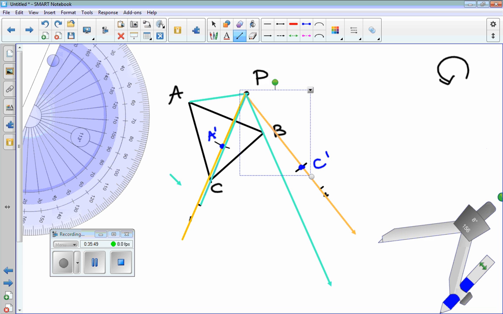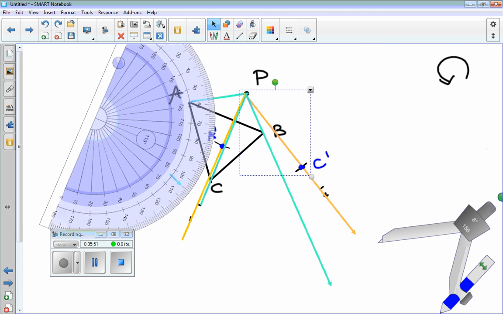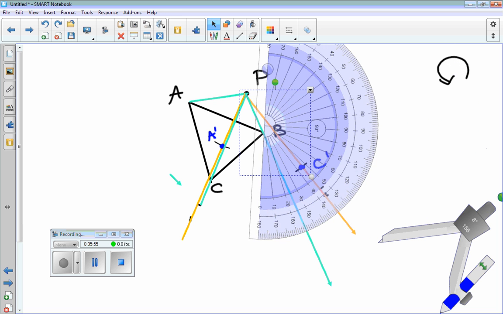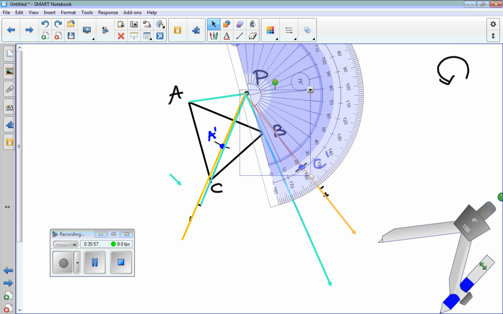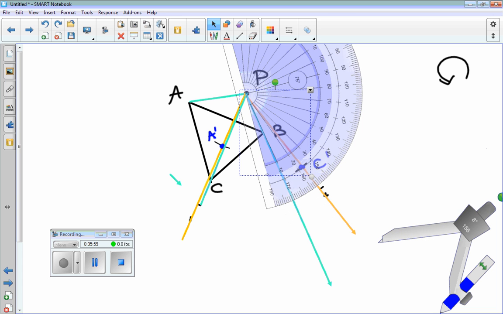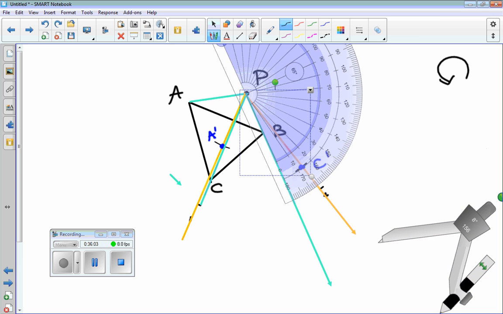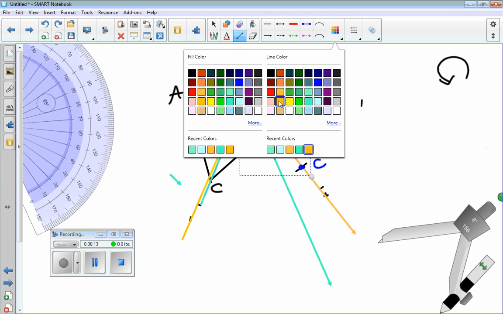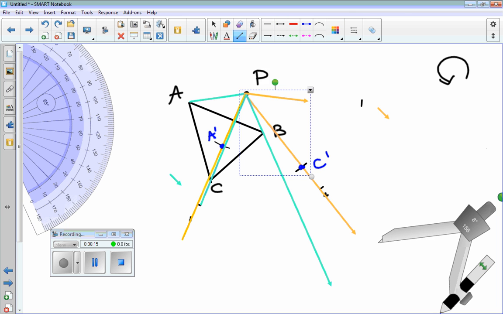There we go. Then we'll line up our protractor along that edge. And we're going to go out 60 degrees, which looks like it's about right here to me. Then we're going to draw our line from P through that point.